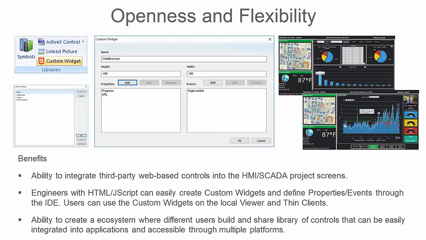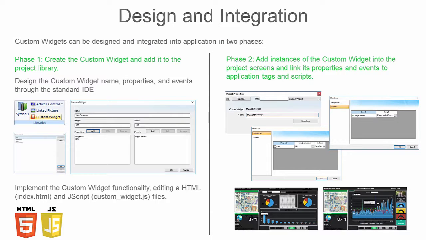So you see here some screenshots from real-world applications where different web controls like Google Maps and charts and weather controls were easily embedded into an InTouch Machine Edition application and can be displayed across different platforms.